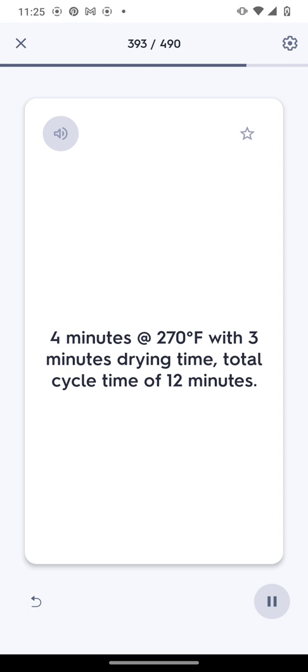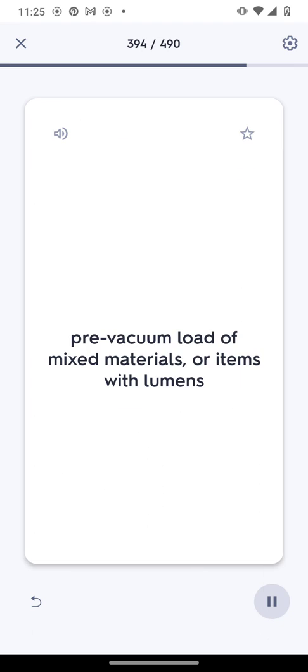Preset express cycle: 4 minutes at 270 degrees Fahrenheit with 3 minutes drying time, total cycle time of 12 minutes. Pre-vacuum load of mixed materials or items with lumens: 4 minutes at 270 degrees Fahrenheit.